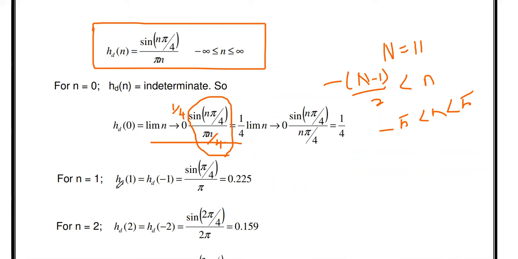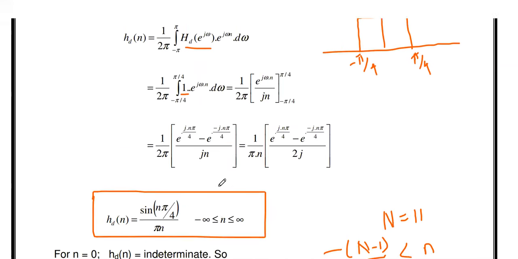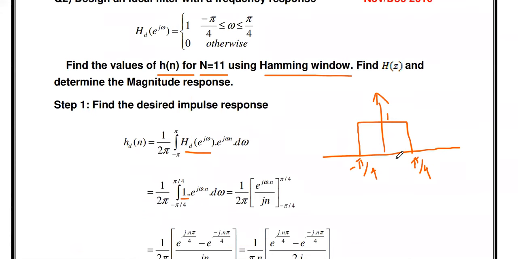Then the next one, we have to find the hd(n) value for minus 5 to 5. So next, put n equal to 1, so hd(1). From this frequency response, we can say that the corresponding impulse response is also symmetric.